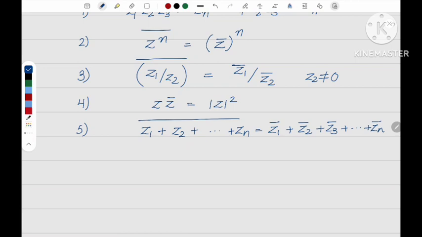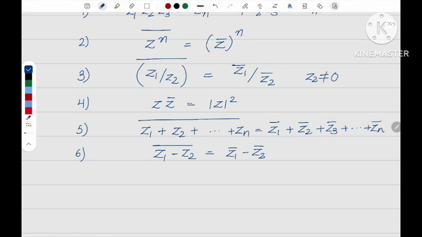Okay, so this is also very important property, very frequently used in solving the complex number problems. And in line with this, conjugate of z1 minus z2 will be equal to z1 bar minus z2 bar. So as I have told previously that subtraction is nothing but addition with reverse sign.